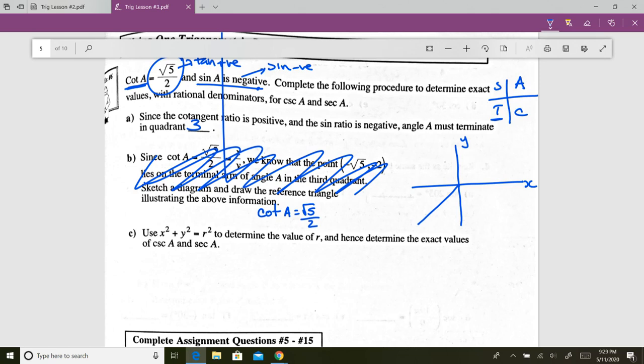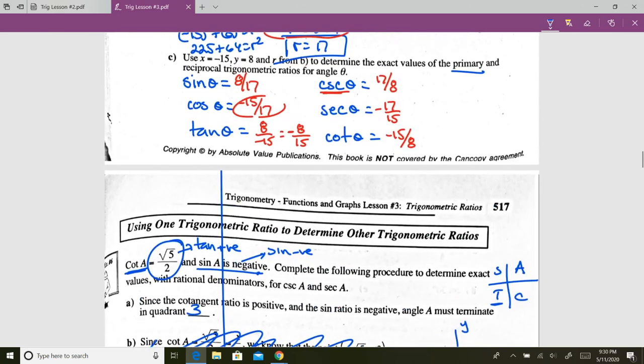Now, they tell us cotan of A is root 5 over 2. And this is where you have to know your primary ratios. So tan of A is what side over what side? Tan is opposite over the hypotenuse, right? So cotan, you flip those two things.